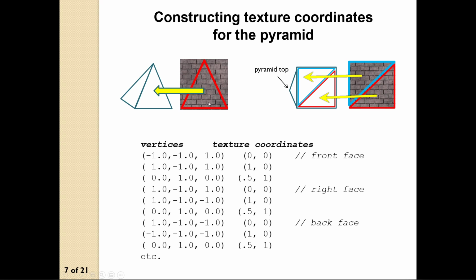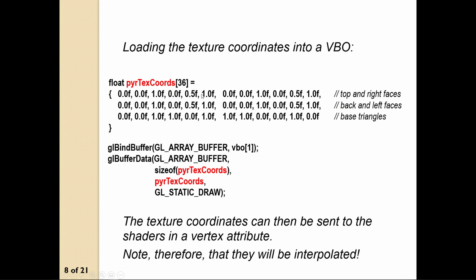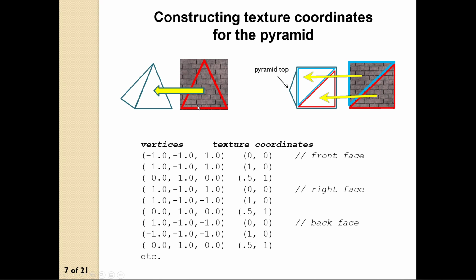Halfway along the x-axis and all the way up on the y. So the third vertex here is using this 0.5, 1. So our first face here winds up using these texture coordinates. And then the right face would use the next and so on.